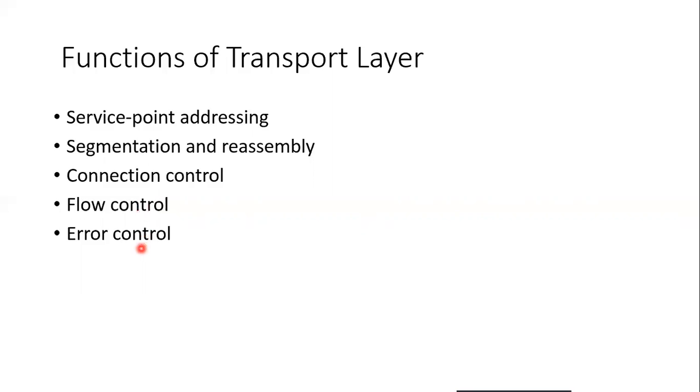Then error control. Similarly, the data link layer also contains error control. Like the data link layer, the transport layer is responsible for error control. Error control at this layer is performed process to process rather than across a single link.